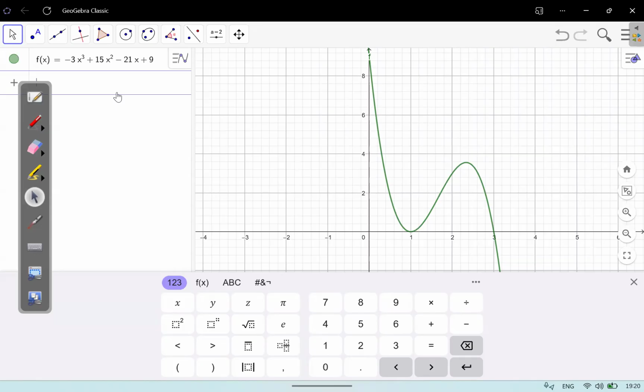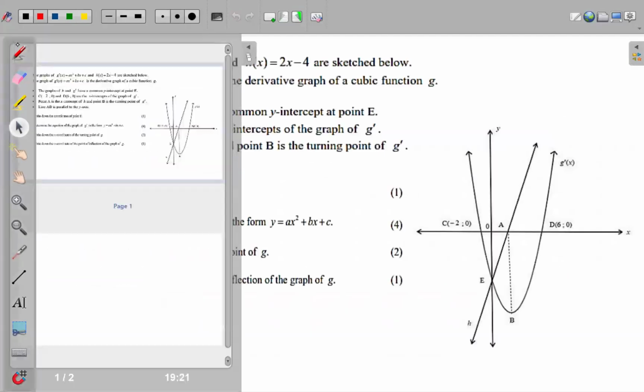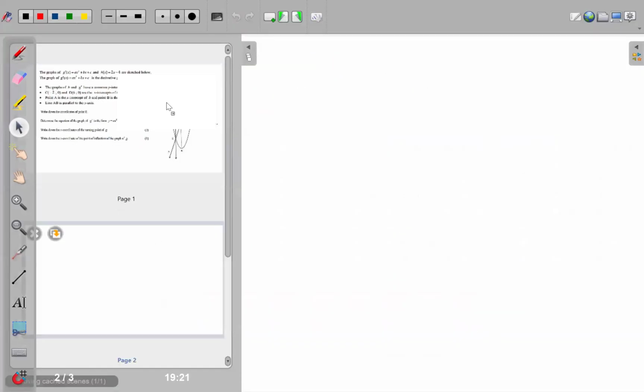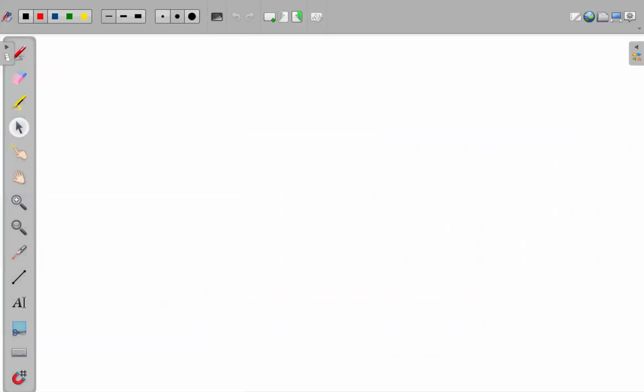And I want you to be careful and note this deliberately. So watch this. We've got f of x is equal to negative 3x cubed plus 15x squared minus 21x plus 9.